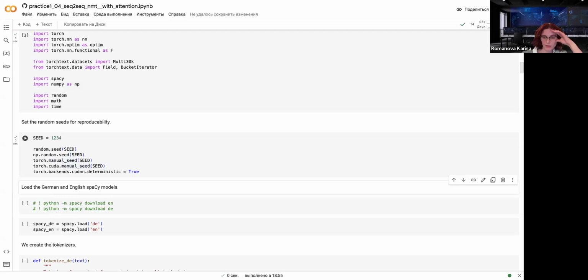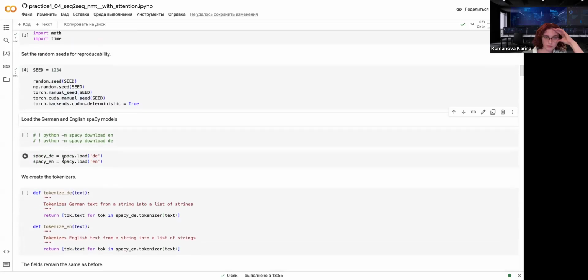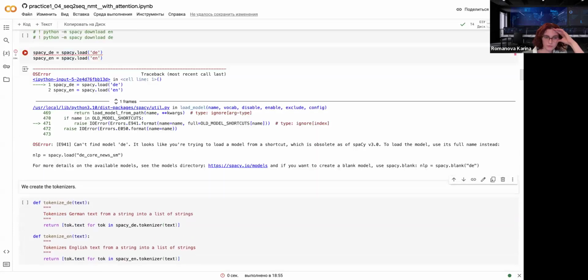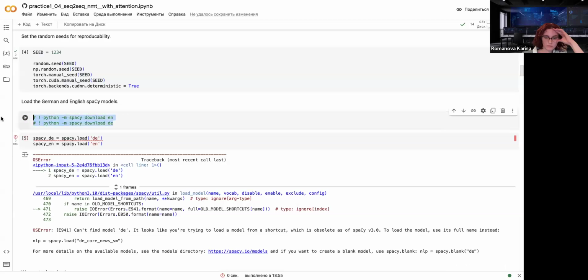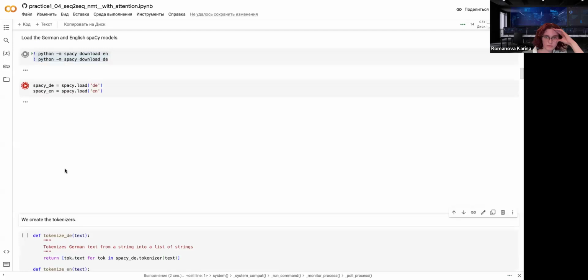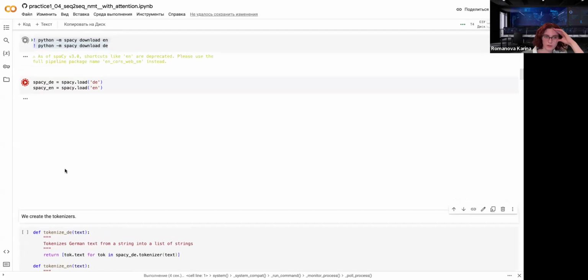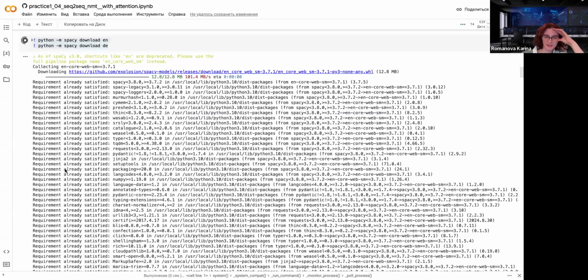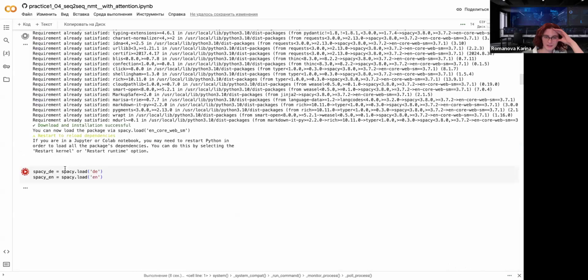This means that every time we run the code, we will get the same results, which is crucial for debugging and comparing model performance. Is it clear to you? I hope that you can hear me.